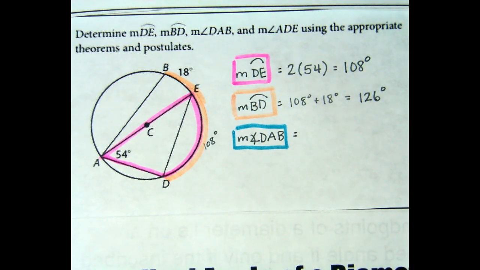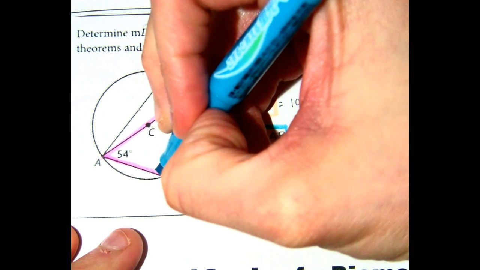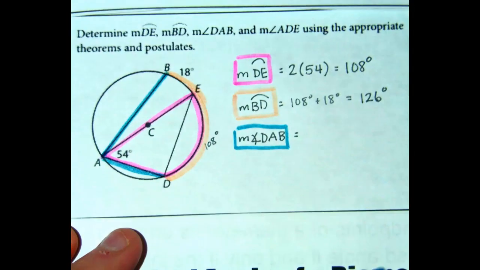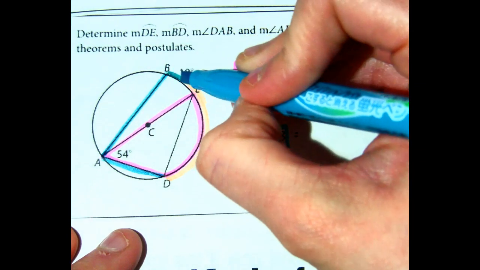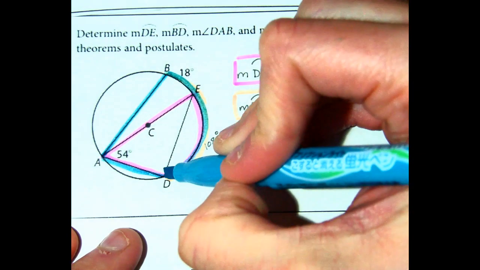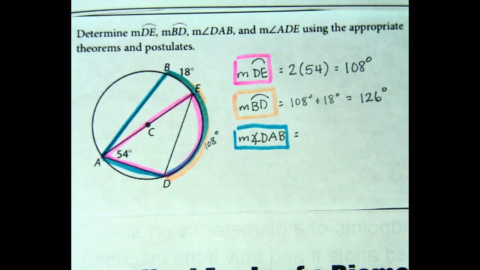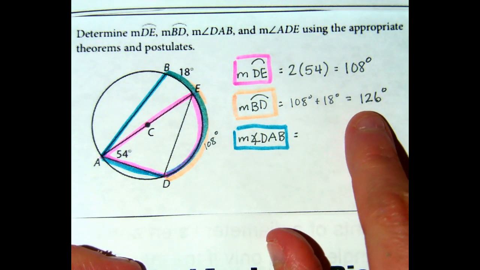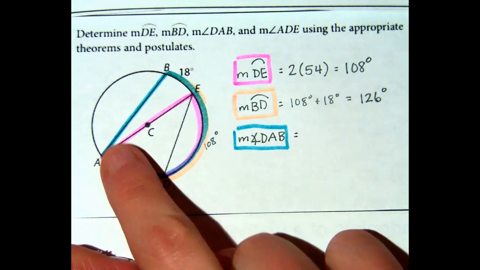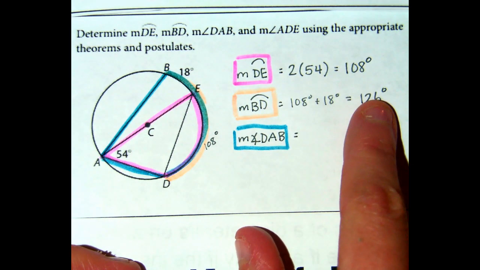The measure of angle DAB. Yeah, so here's what goes with DA. Here's DAB. Its arc is what we just found. The arc of DAB is 126. What is this inscribed angle compared to that?